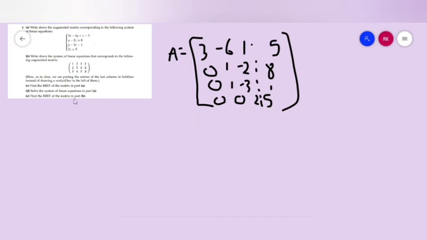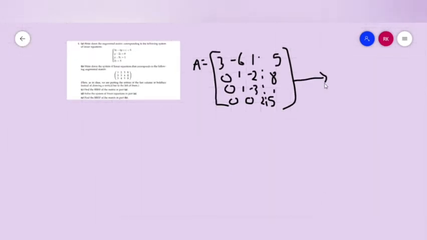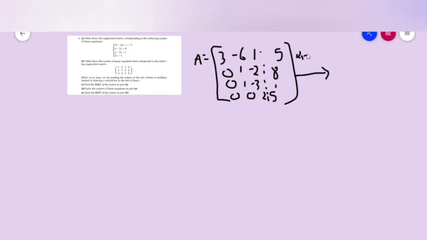So we have to find the RREF form, meaning row reduction form. First we need a pivot of 1 here, so we divide row 1 by 3: R1 goes to R1 divided by 3.